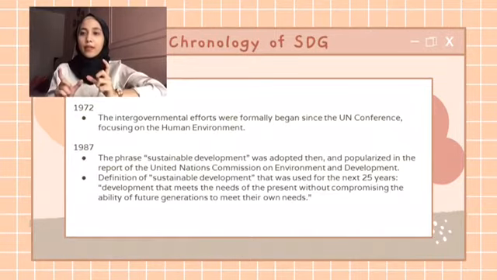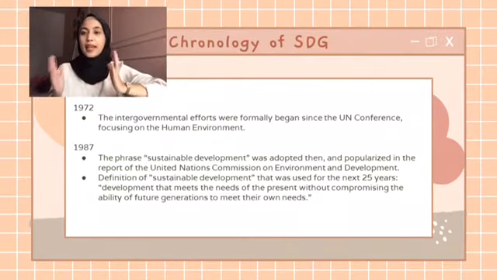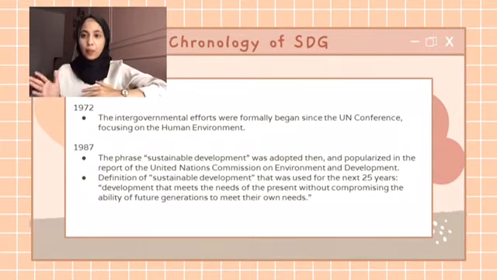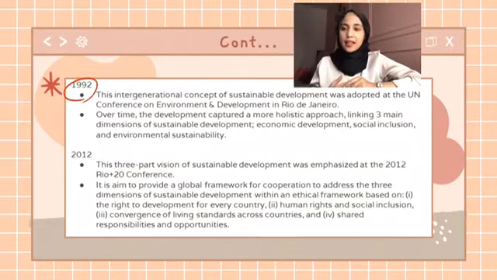The very definition of the phrase sustainable development that was then used for the next 25 years can be defined as the development that meets the needs of the present without compromising the ability of future generations to meet their own needs. And then in 1992, this intergenerational concept of sustainable development was adopted at the United Nations Conference on Environment and Development in Rio de Janeiro.